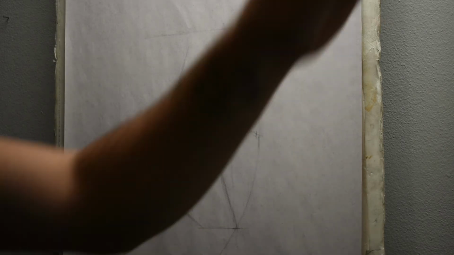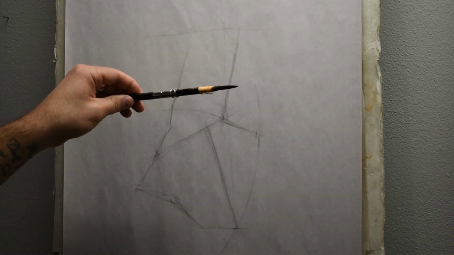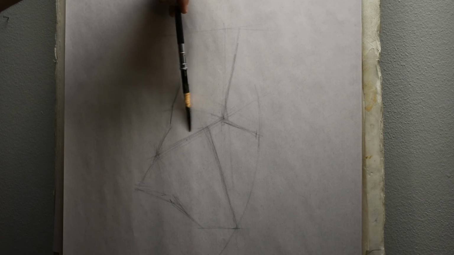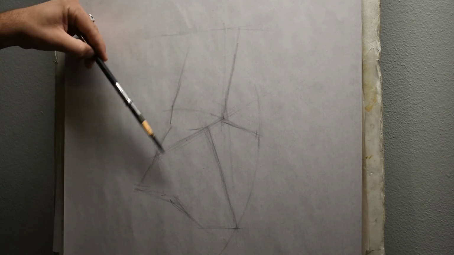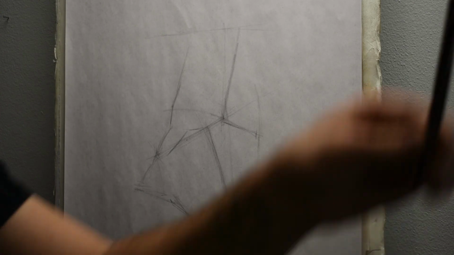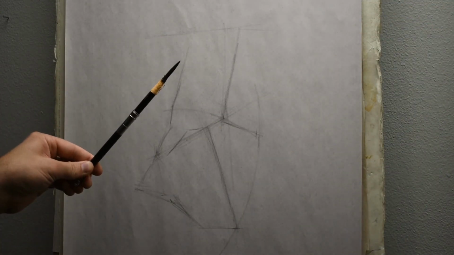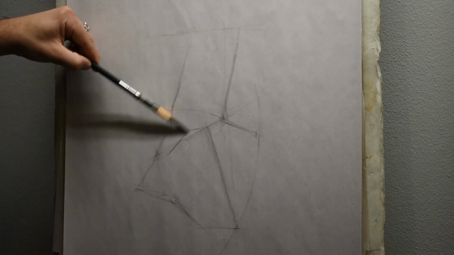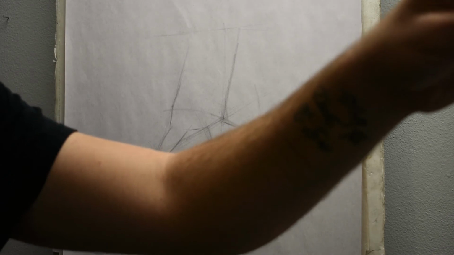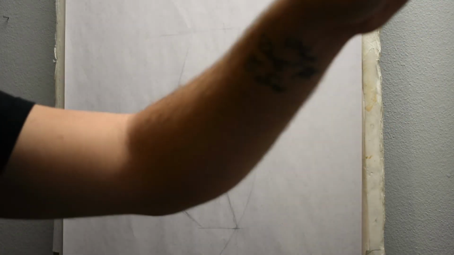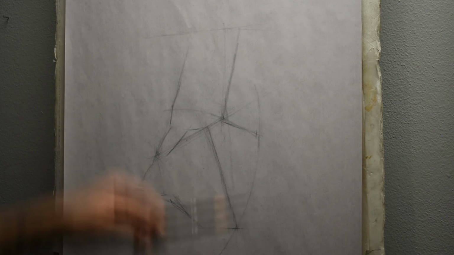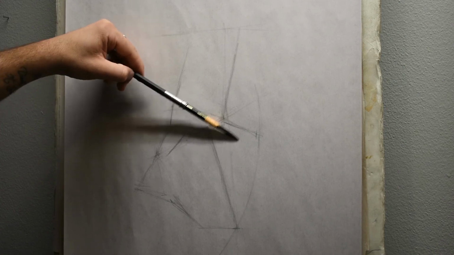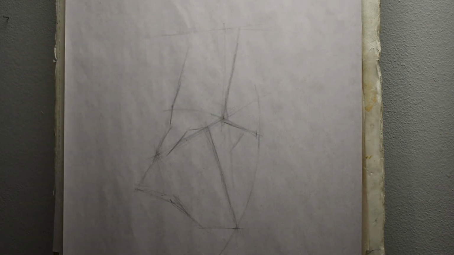Okay. Now let's get a little more specific with our knuckles. Trying to find our wrist or our thumb location here.